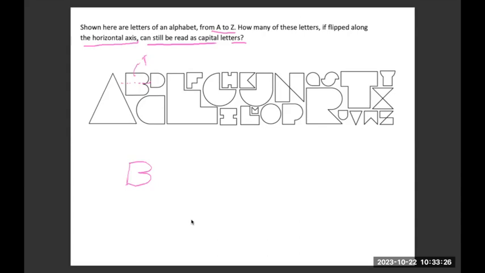B is one figure which when flipped along the horizontal axis will be read as a capital. It's one example. Likewise, how many such alphabets are there? It's not written that when you flip it, it has to look like the original figure, but when you flip it, it reads as some capital letter only.